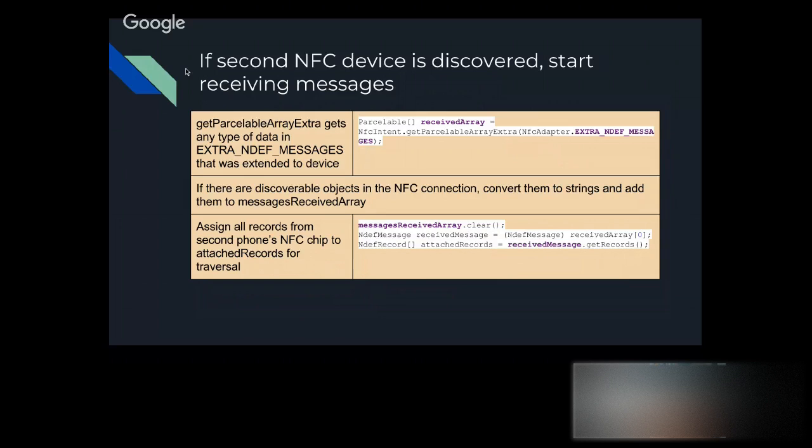Meaning if person B has this app and sent us information, it will be stored in extra NDEF messages. Then if there are discoverable objects in the NFC connection, we convert them into strings because they are messages, and we add them to the messages received array. Then we assign all the records from the second phone's NFC chip to the attached record variable for traversal.